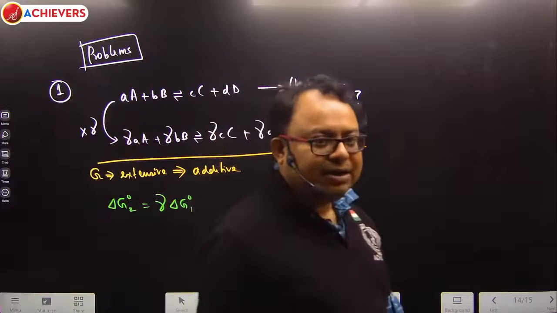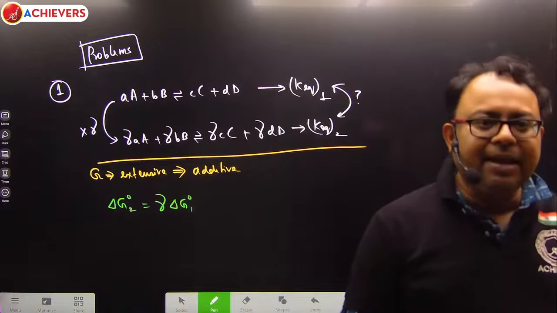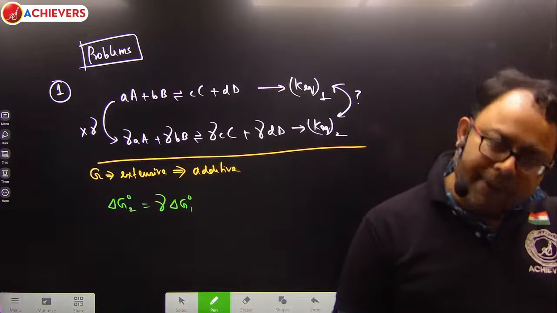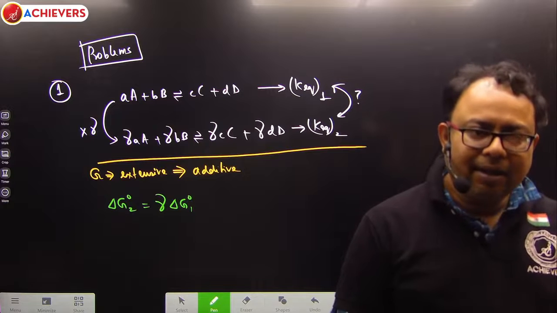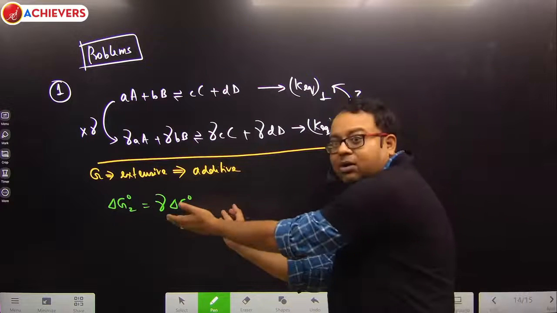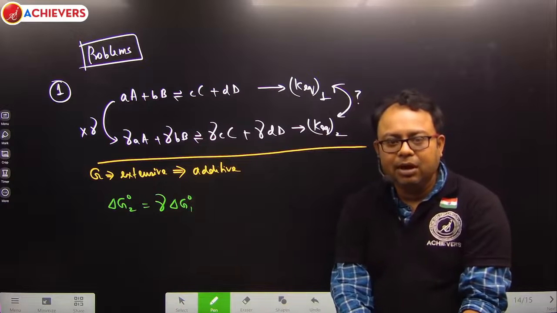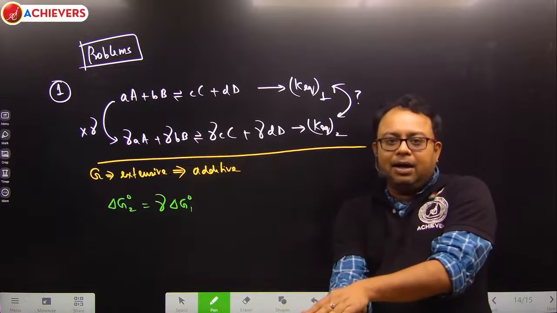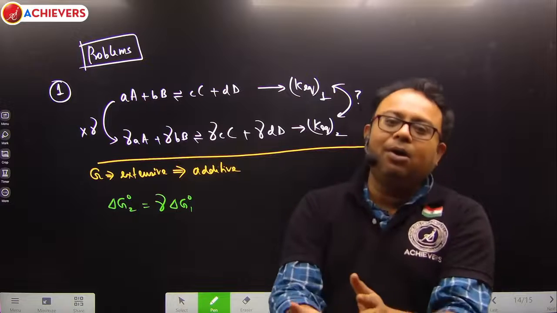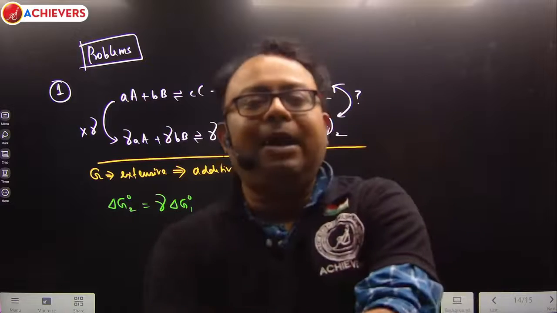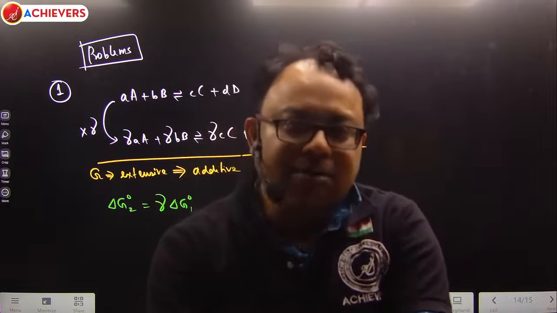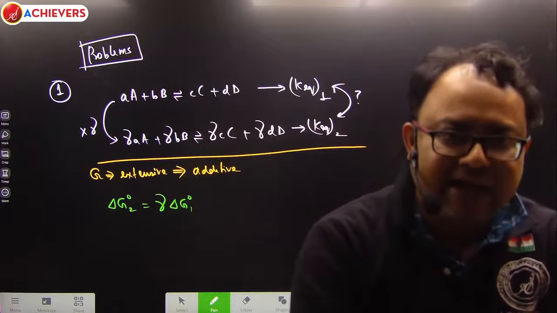If you multiply a reaction by gamma, then delta G0 has to be multiplied by gamma because G is additive in nature.